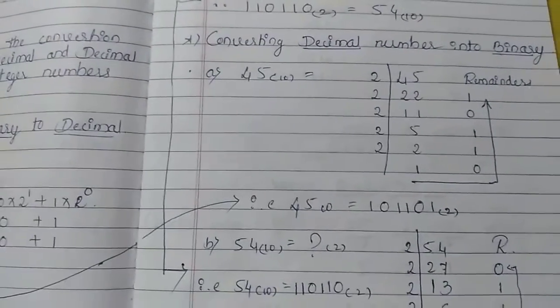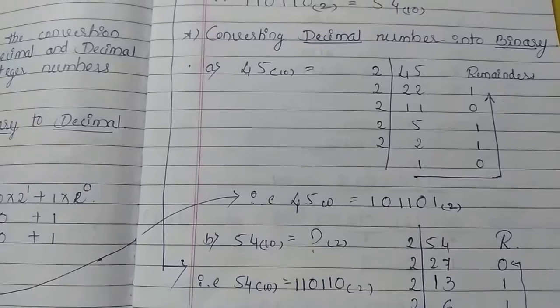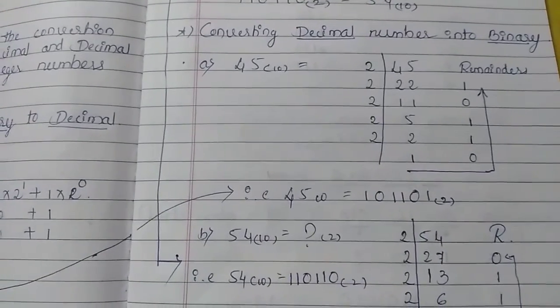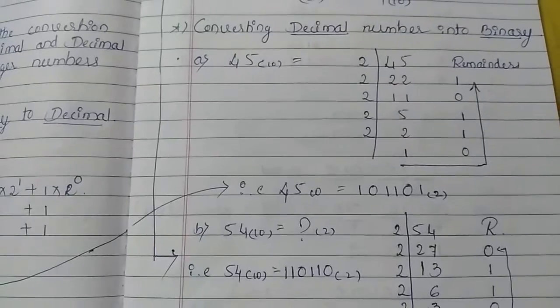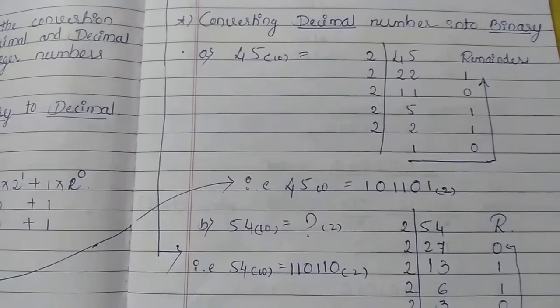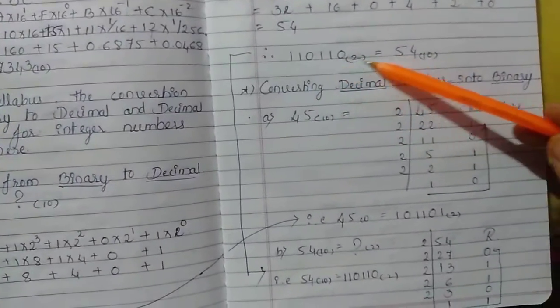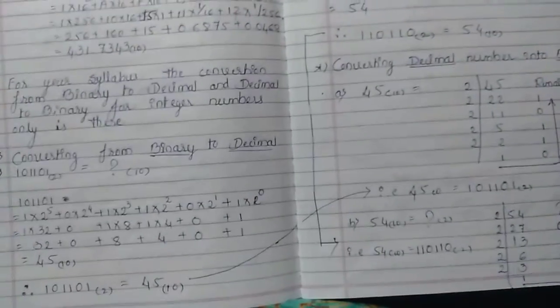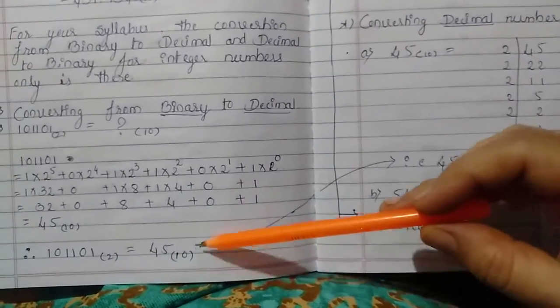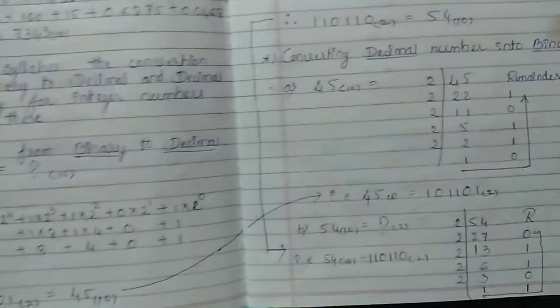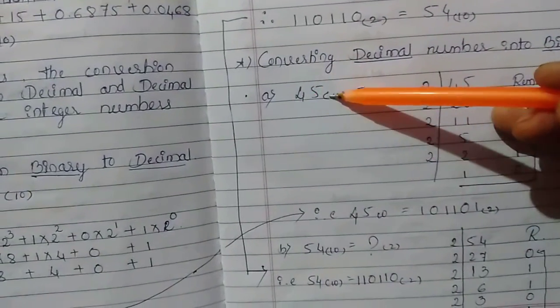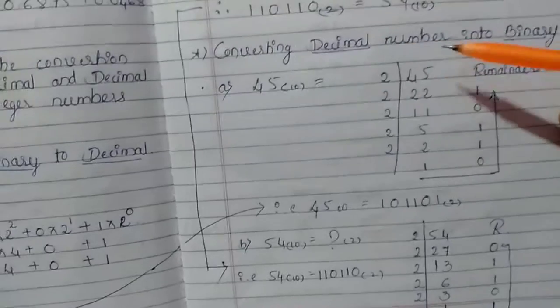Next we'll move to the conversion from the decimal number system into its equivalent binary number system. We'll take the previous examples only. Here we have taken this number 45.